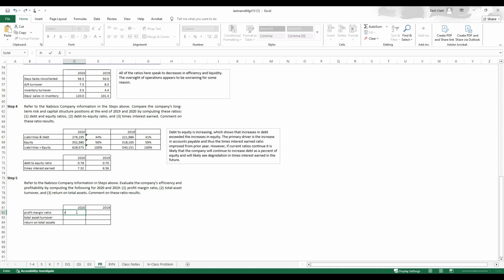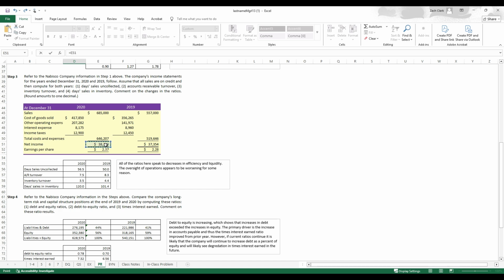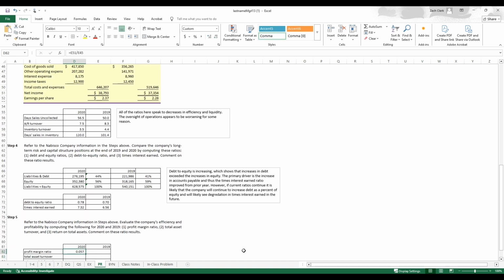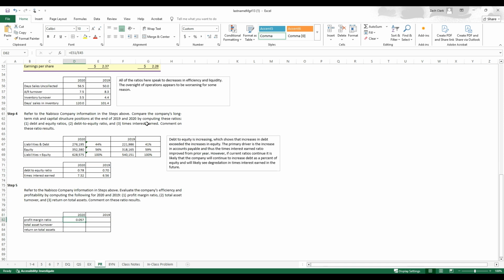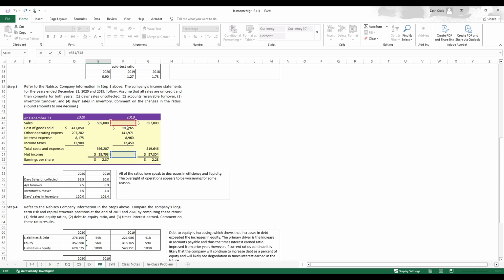We want the profit margin ratio. So profit margin ratio is net income divided by sales, which gives us this total here. Or if we do it as a percent, 5.66%. And then let's just fix ourselves over here. Boom, boom.